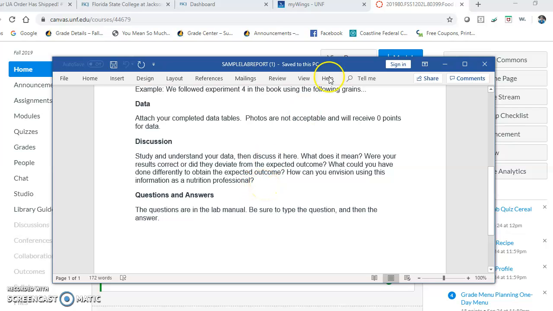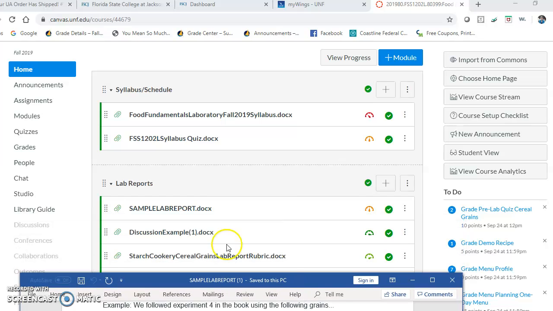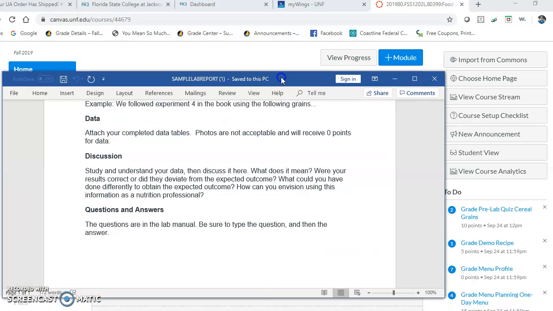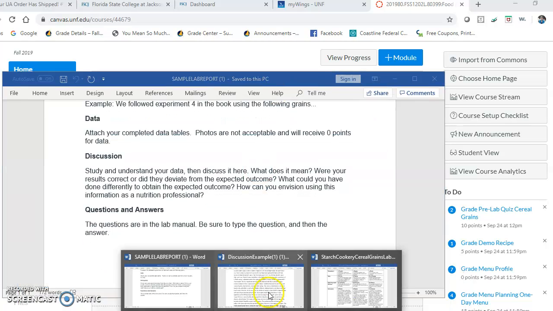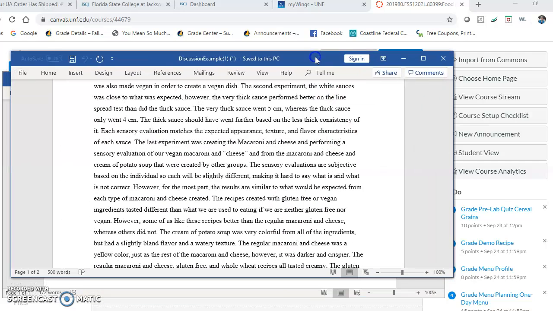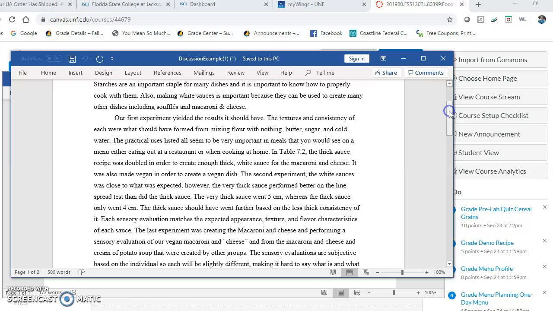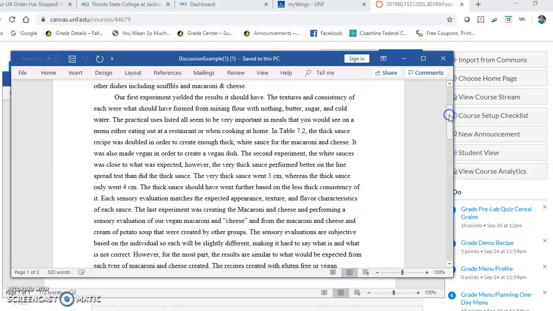Now, another document that I want you to look at is the discussion example. If you open up the discussion example, I'm not going to read it to you word for word, but you can see that it has a lot of detail. They are discussing what the results mean in the data tables.